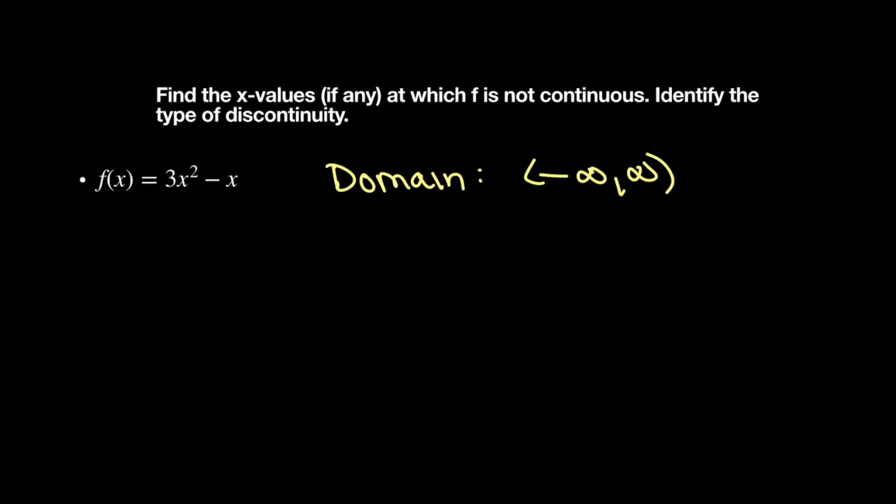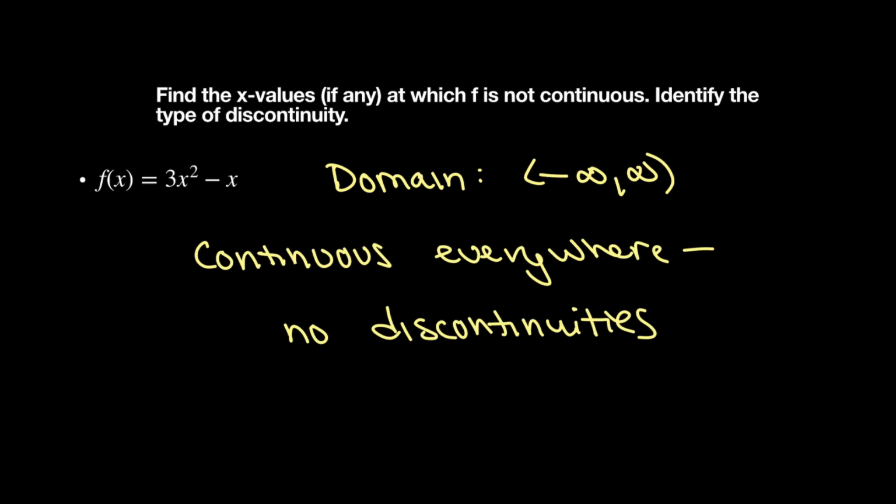Polynomials have domains that are all real numbers. Polynomials don't have any holes or jumps or gaps or asymptotes. So that tells me that this function is continuous everywhere. It's continuous on its domain, which is all real numbers, and it has no discontinuities. So polynomials are continuous everywhere, don't have any discontinuities.